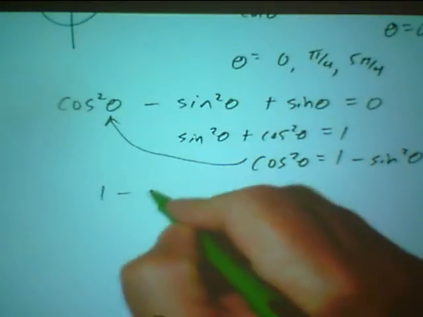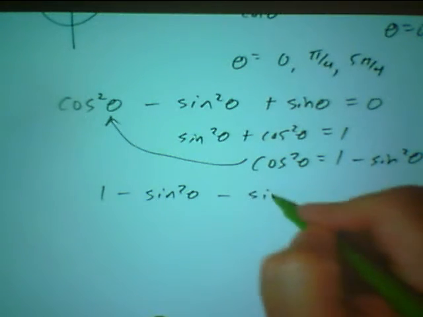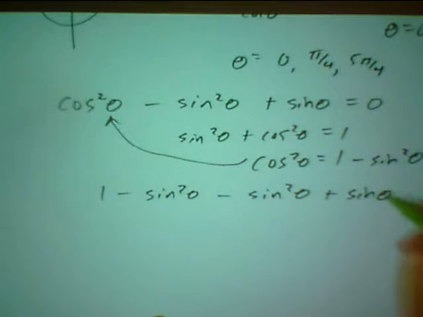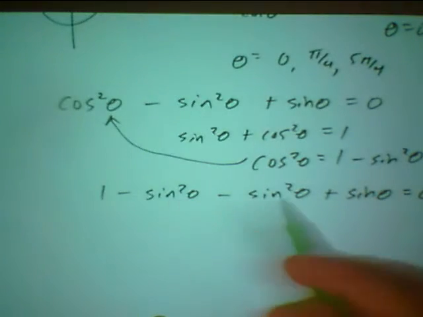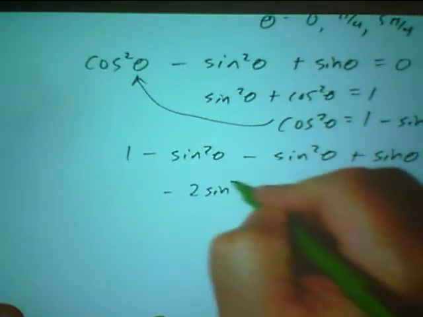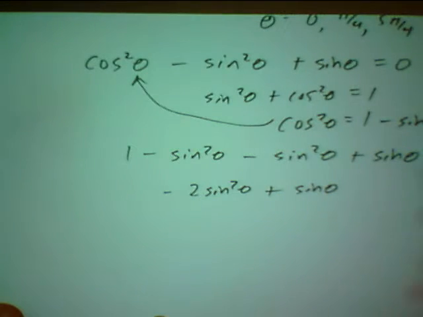So I end up with 1 minus sine squared theta minus sine squared theta. I can combine these 2 terms, they're like terms. So I have negative 2 sine squared theta plus sine theta plus 1 equals 0.